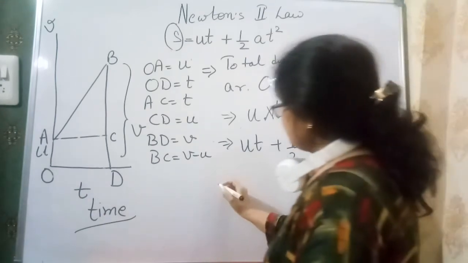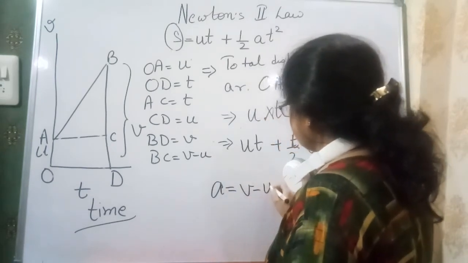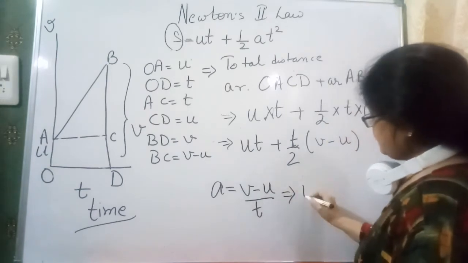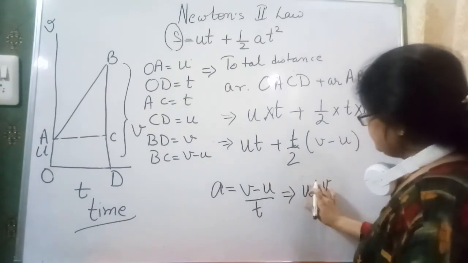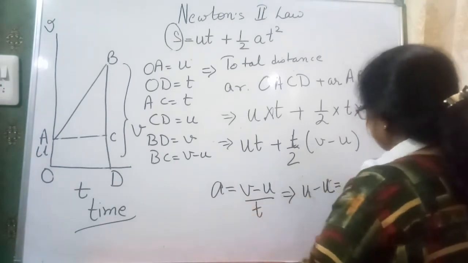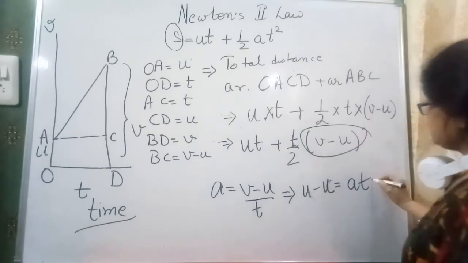Now we know acceleration is equal to v minus u by t. That means v minus u is equal to a into t.